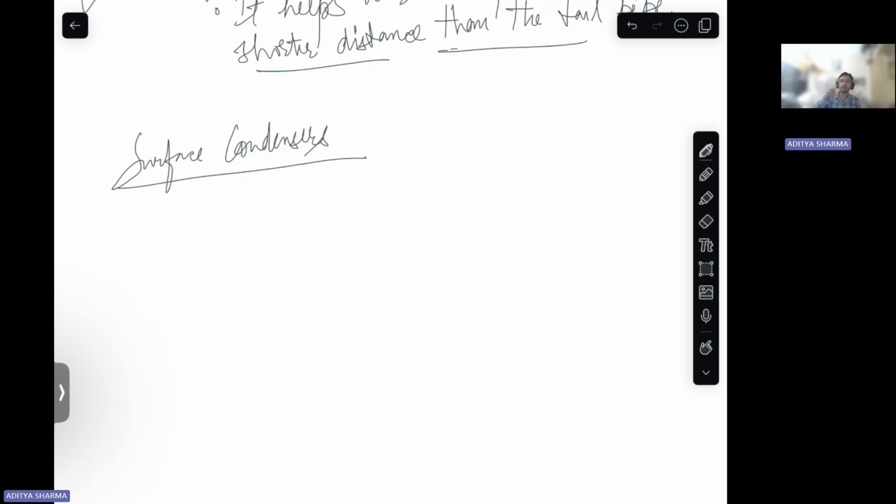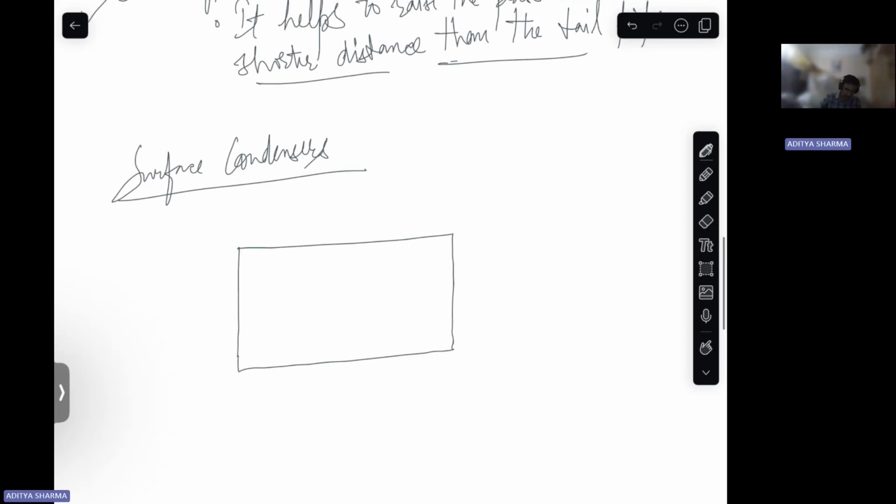So in the shell we will have the steam, and in your tube we have circulating water or cooling water. Okay. So I'll just draw a rough diagram of one surface condenser.